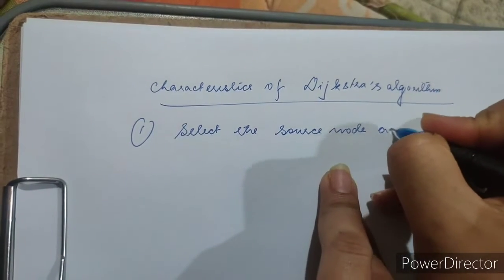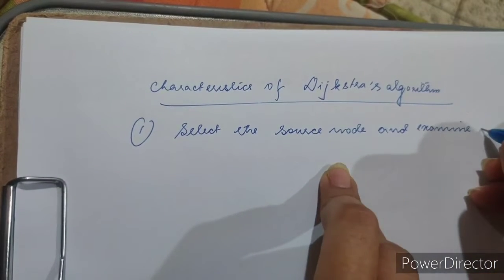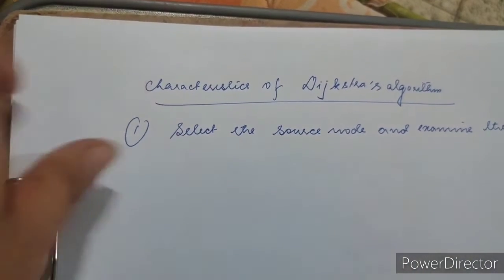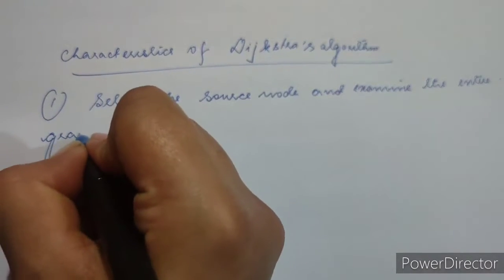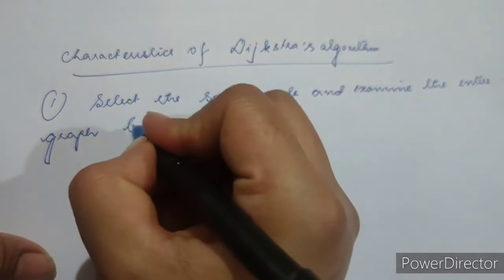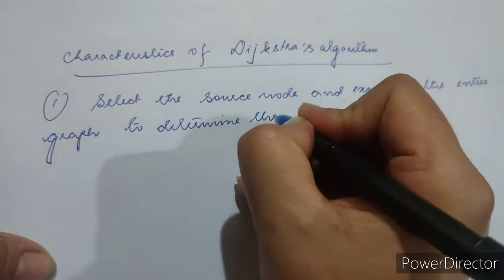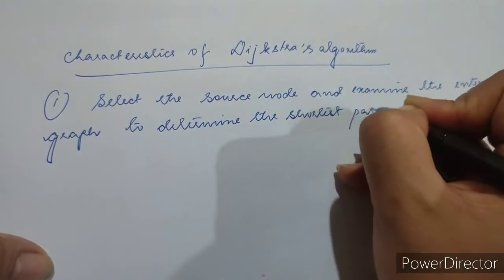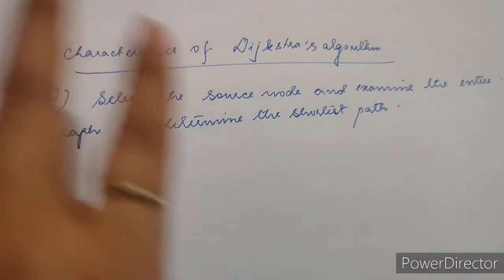And what we are going to do is examine the entire graph to determine the shortest path among all other nodes.